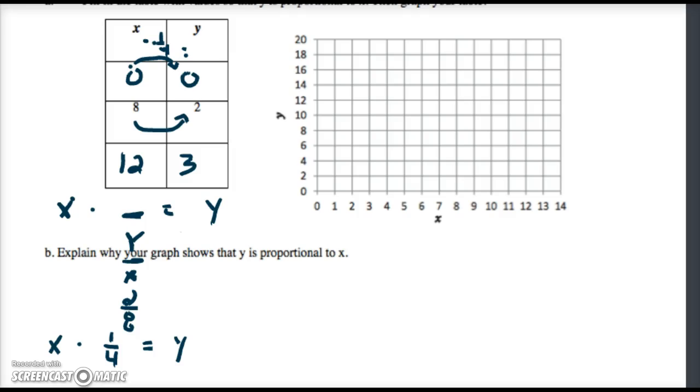Now we're ready to graph the table. So go ahead and graph the table and connect your coordinate pairs with a straight line. So now you look at the graph that you created. Explain why your graph shows that y is proportional to x.